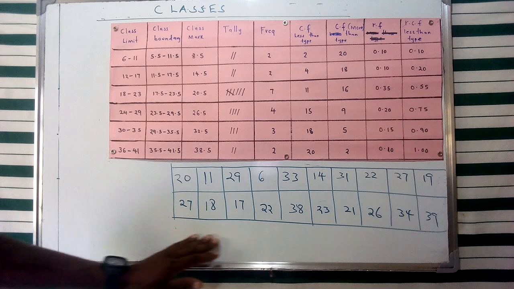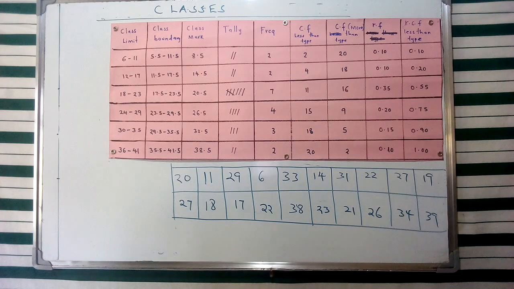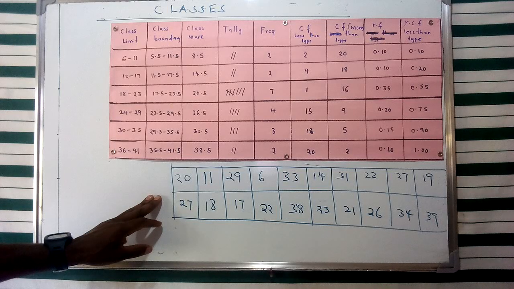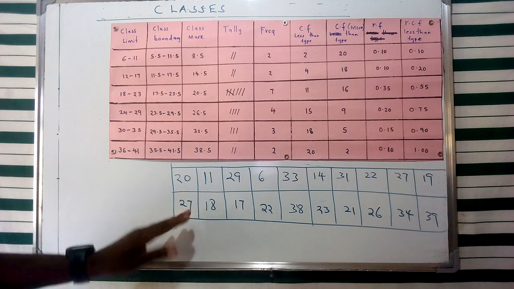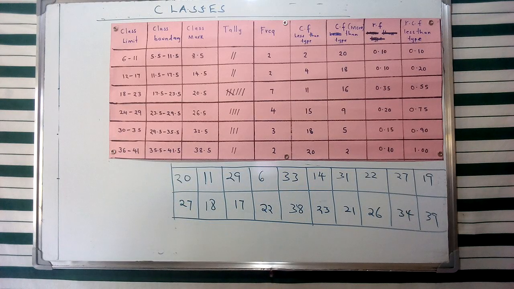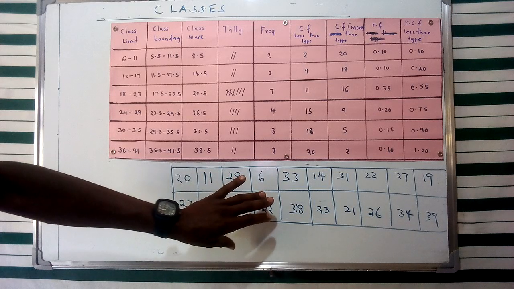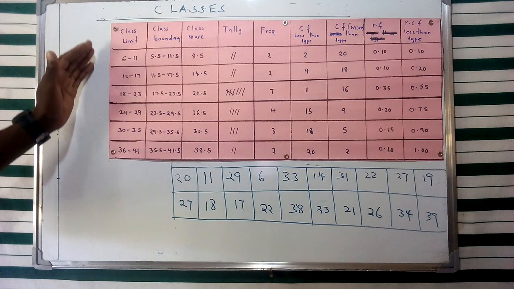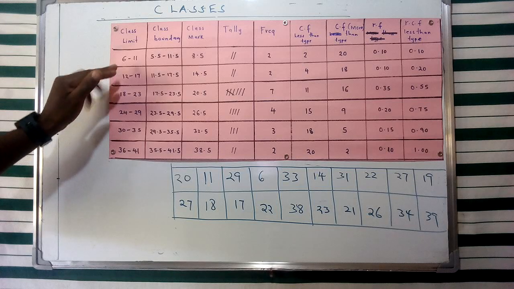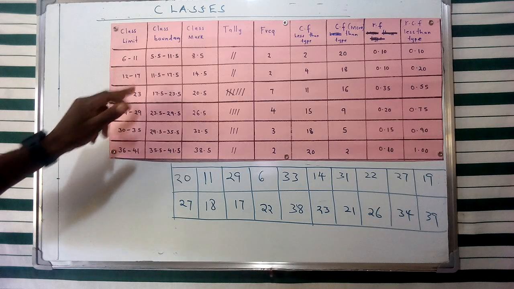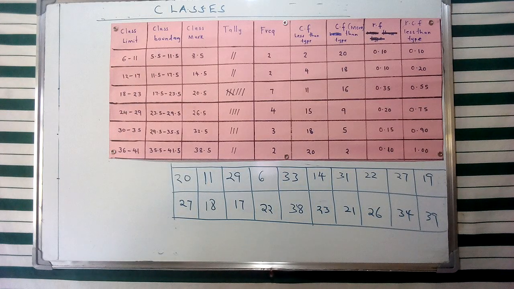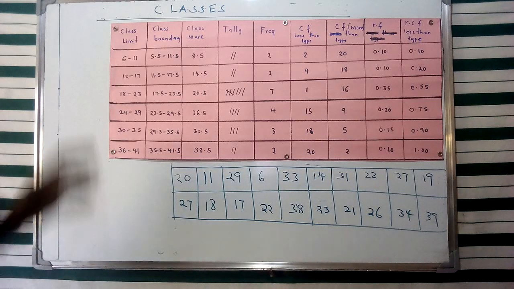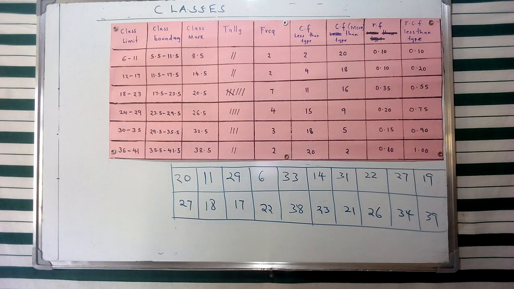Now, I've given this lower set of data, which is going to assist us in achieving that. In this case, I have a set of data which consists of these values. For organizing these values in terms of a table, a specific range of numbers between 6 and 11 is going to give us what we refer to as a range, and I'm going to mention that later in case we come across it.